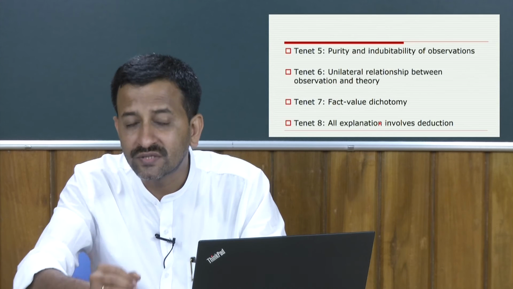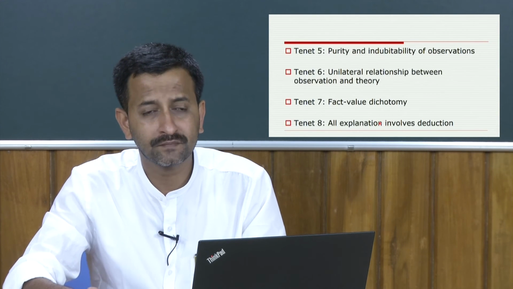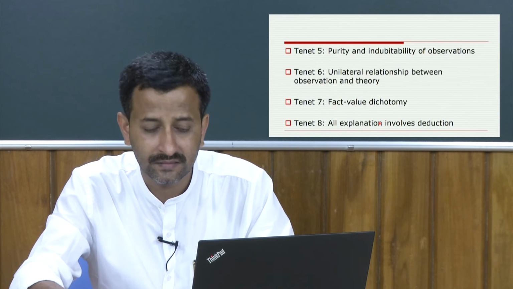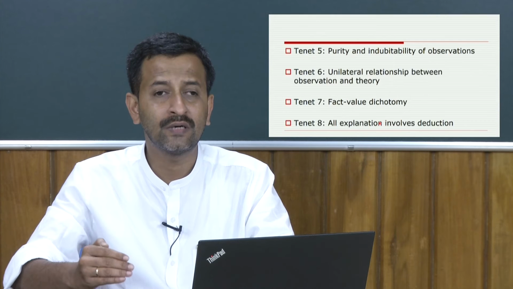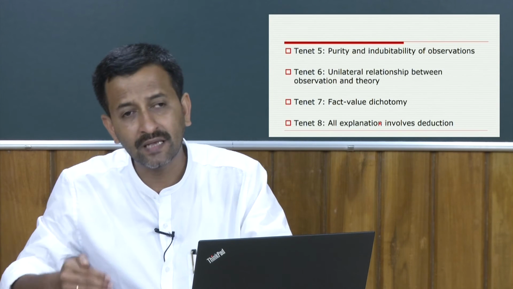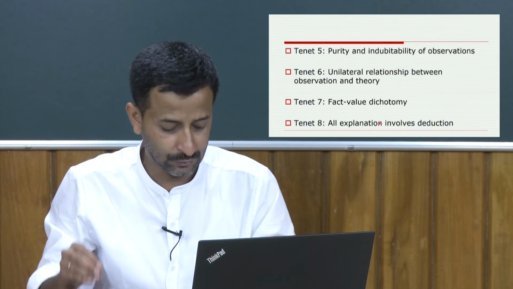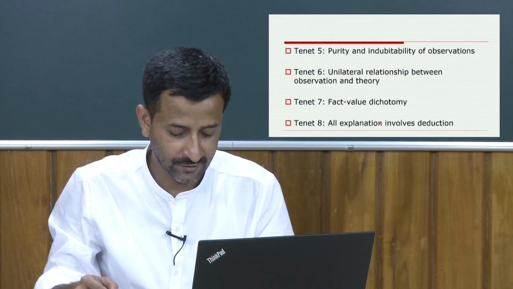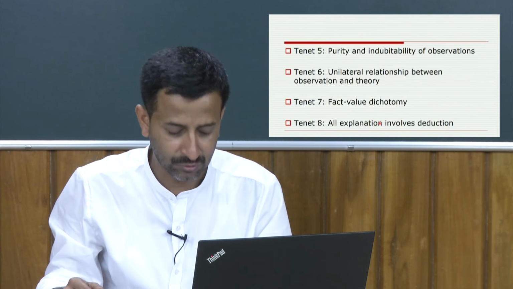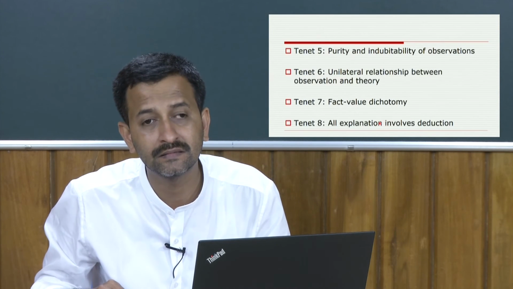It must start with a set of laws, followed by a set of statements describing initial conditions, and then you arrive at a conclusion in the form of a statement describing the phenomenon to be explained. In other words, to explain a phenomenon is to deduce its description from a set of premises constituted by laws and statements describing initial conditions.